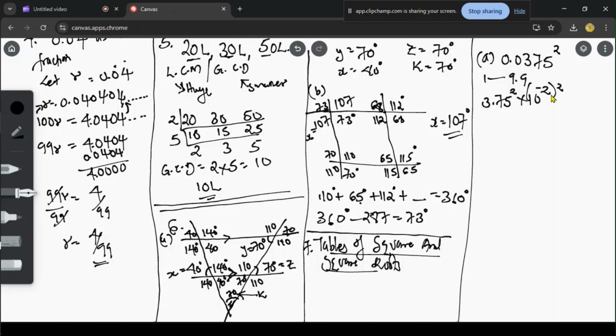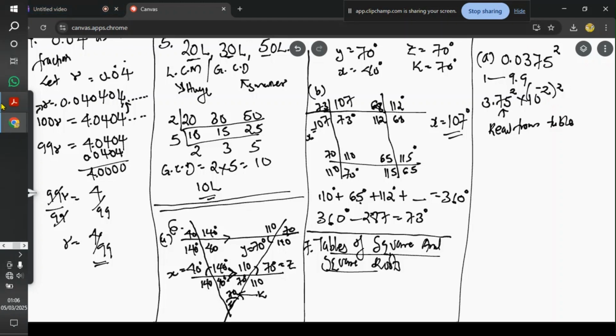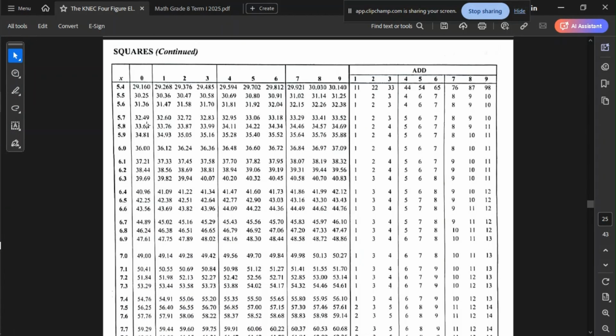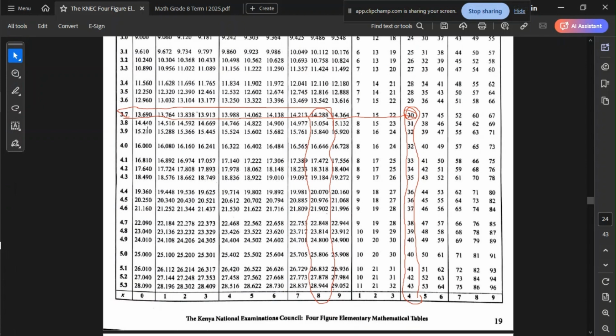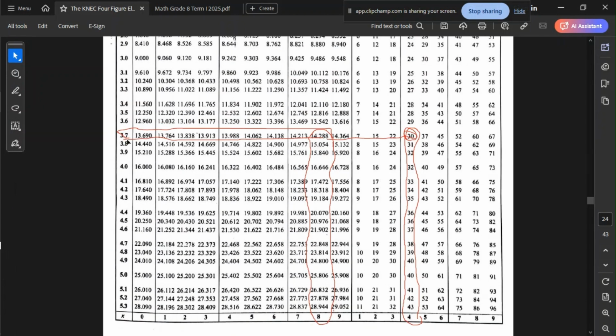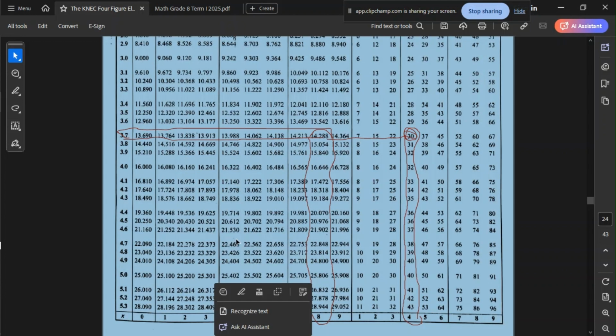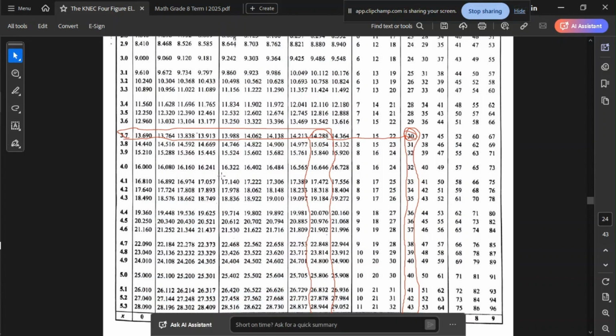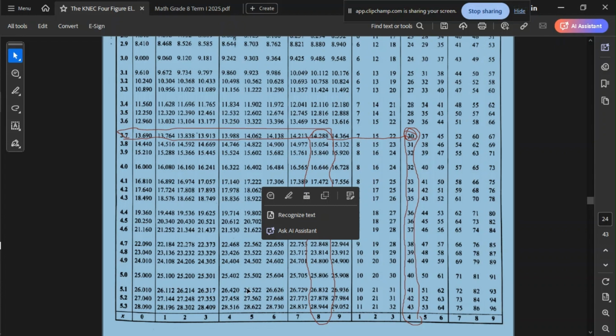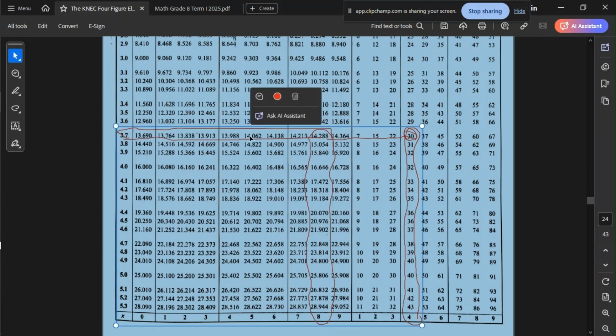This one I read from the table. So let me go to the table of squares and check whether I can get 3.75. 3.7, and 5 is in this column.